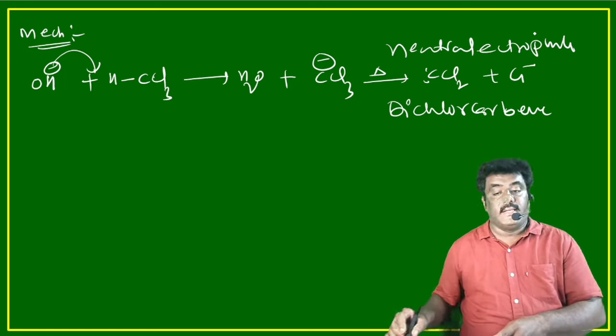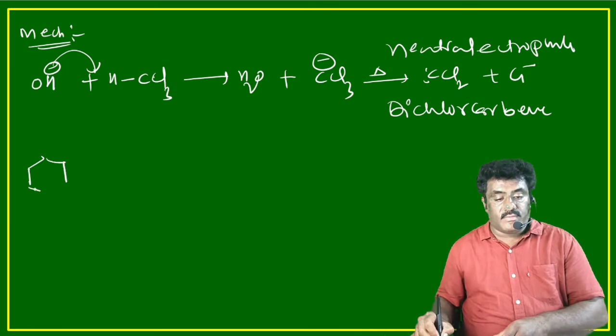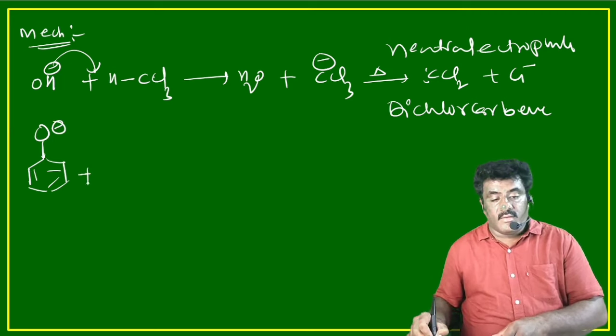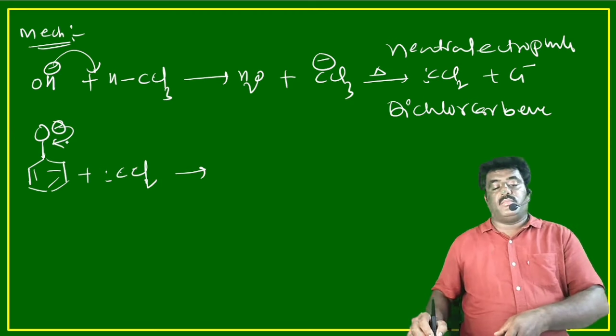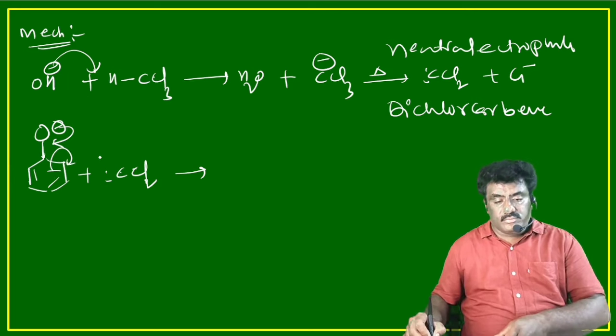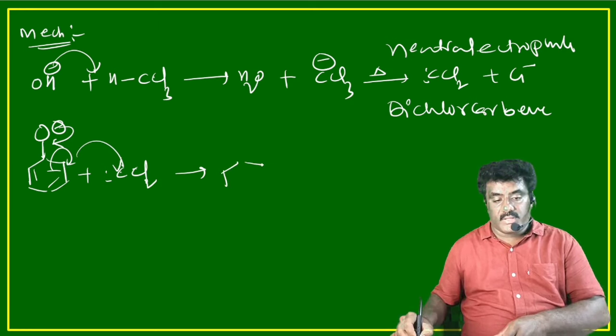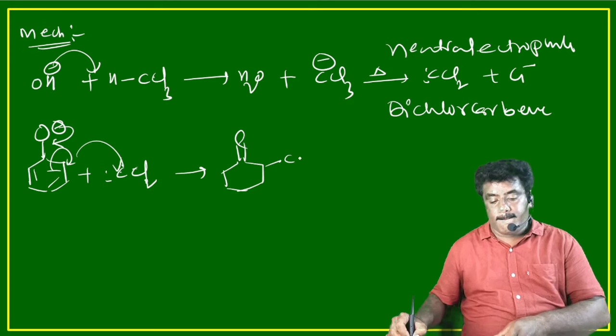See, this neutral electrophile attacks sodium phenoxide. Phenol forms a phenoxide ion. Phenoxide ion with dichlorocarbene CCl2. Yes. So this negative charge is shifted to the benzene ring, and this pi bond getting negative charge attracts CCl2 to form a Cl.